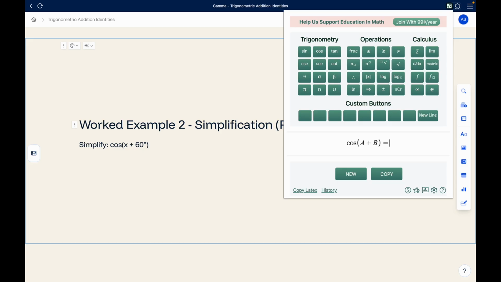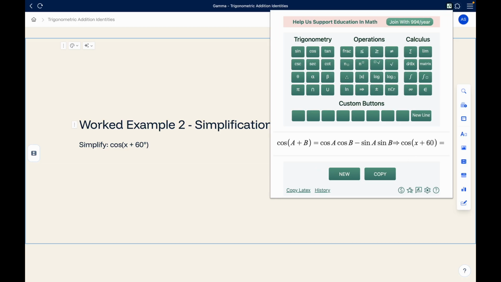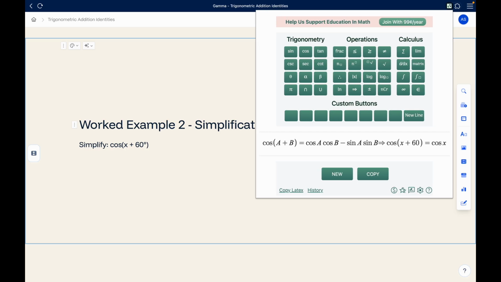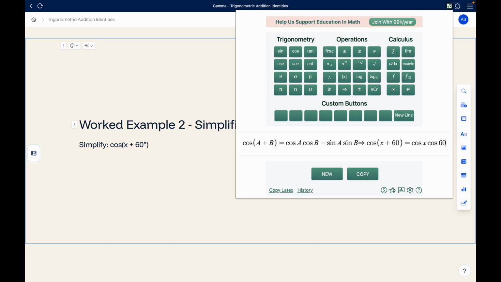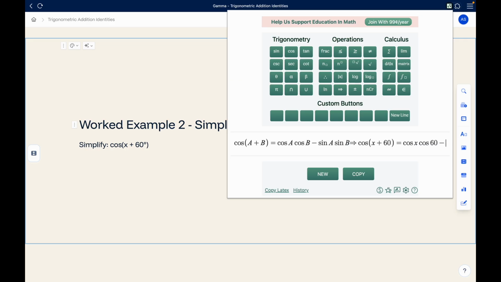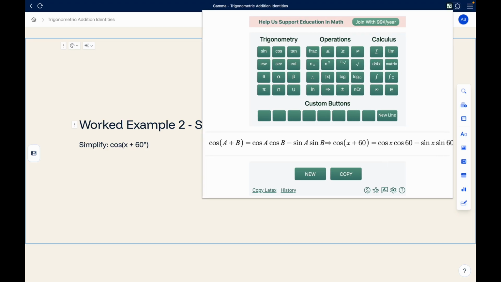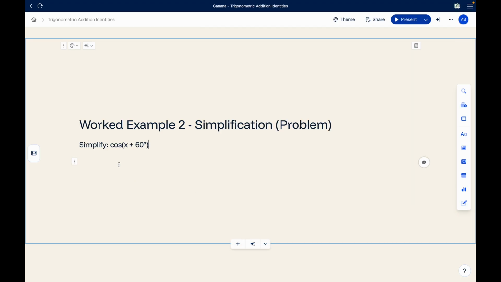So cosine A plus B is equal to cosine A times cosine B minus sine A times sine B. Now, after we substitute the values, cosine of x plus 60 degrees is equal to cosine of A, which is cosine x, cosine of B, which is cosine 60 degrees, and then minus sine of A, which is sine x, and then sine of B, which is sine 60 degrees.